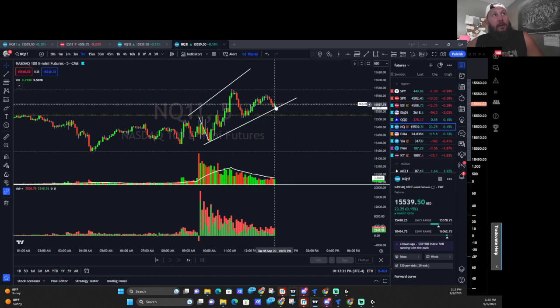The resistance and support. So it's going to break, can't break through here. If it breaks through here, then it might become an area of support where then it can't break through on the other side. Okay? But that's the general basics of candlesticks.